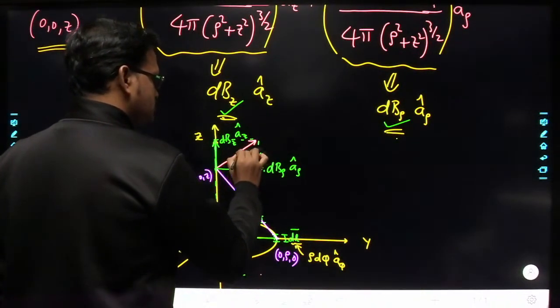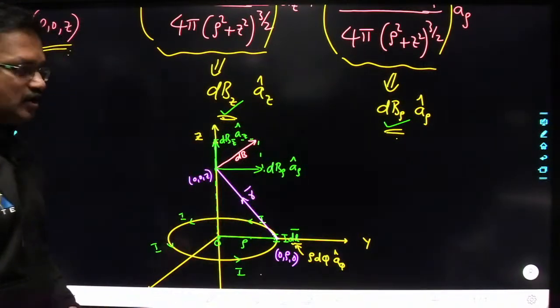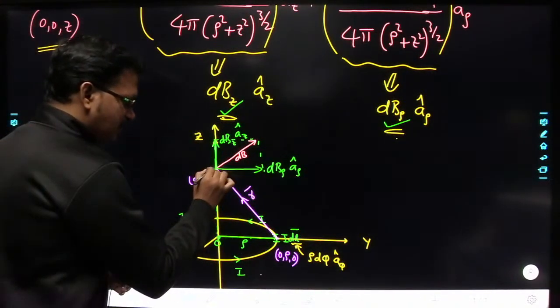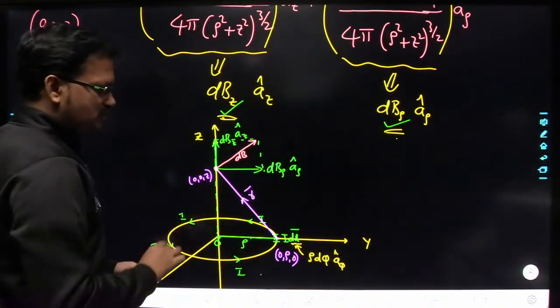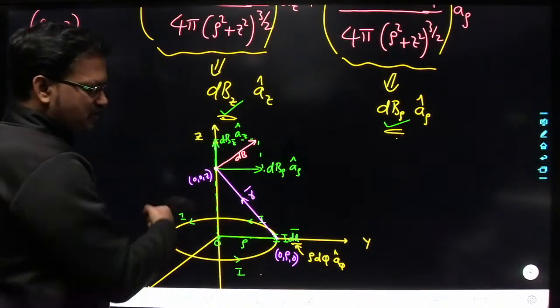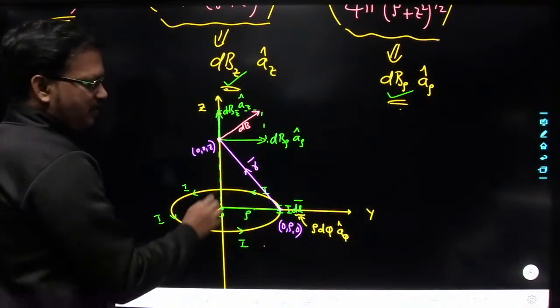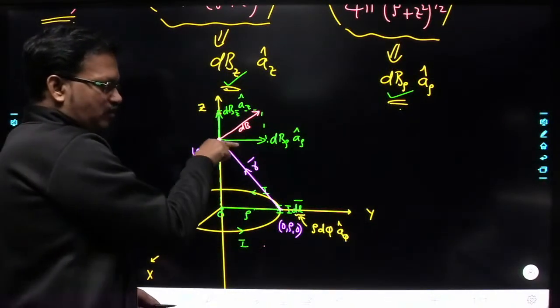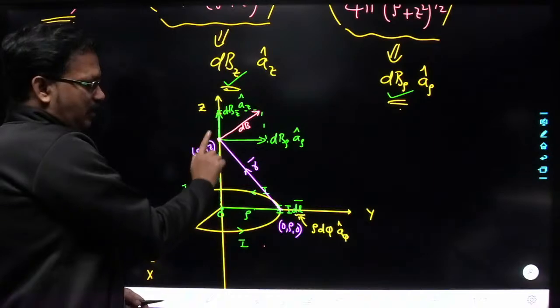Yes or no? So this is nothing but dB. So the small differential B field at this point 0 comma 0 comma z, due to this small differential current element, has two components. One is along the rho direction and another one is along the z direction.